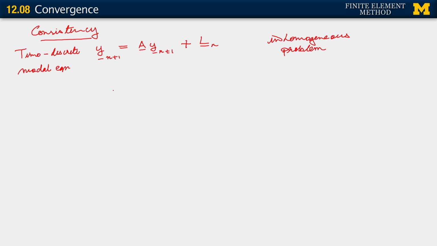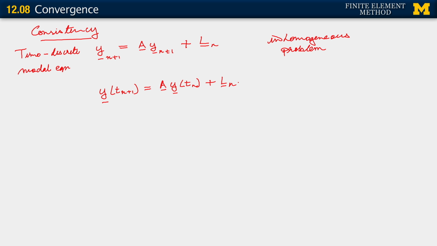Now, for consistency, we say that if instead of the time discrete solution, we were to look at the time exact solution and just plug it into the equation we've written above, we would get y at Tn plus 1 equals A, our amplification matrix, times y at Tn. Remember, y at Tn plus 1 and y at Tn are the corresponding exact solutions. We get A plus Ln.